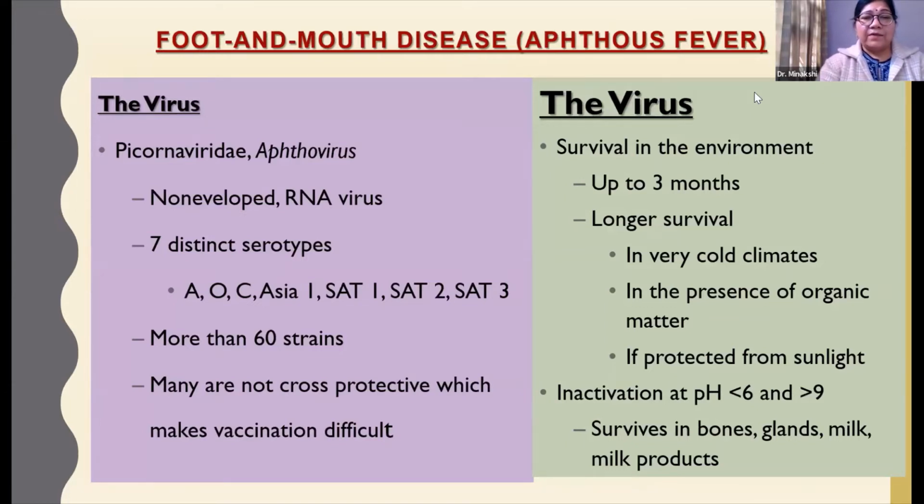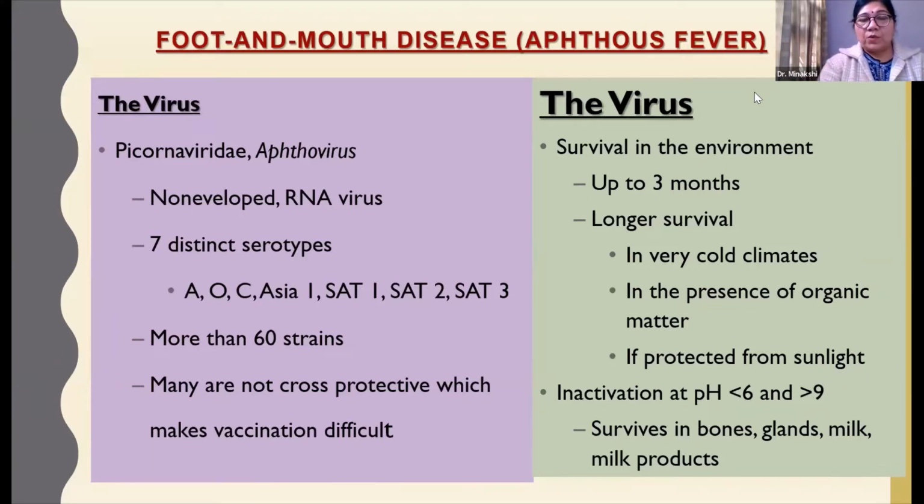We know that RNA viruses undergo lots of mutations. That's why we have 7 distinct serotypes: O, A, C, Asia1, SAT1, 2, 3. But in India right now, the most common is O followed by Asia1 and A. More than 60 strains are there, huge genomic diversity is there, and there is no cross protection.